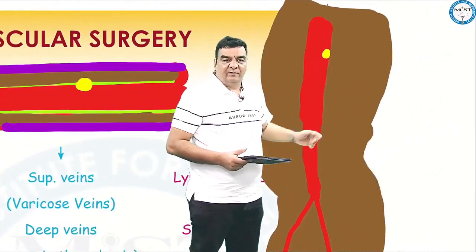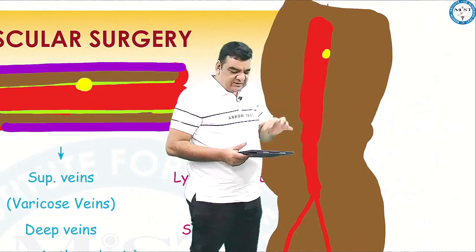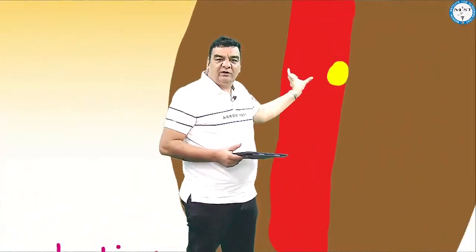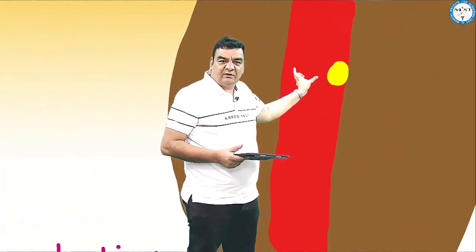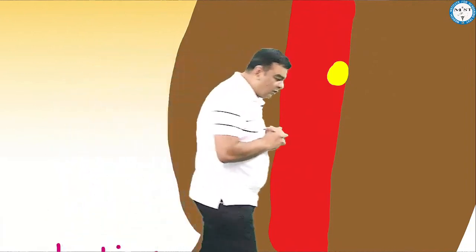But sometimes, as this plaque is depositing, there is at least some narrowing. कुछ तो narrowing हो रही है ना बेटा यहाँ पे. There is some narrowing which is taking place, right? So what happens in these stages? The patient does not have any significant symptoms at rest. But on exercise, suppose the patient is walking.